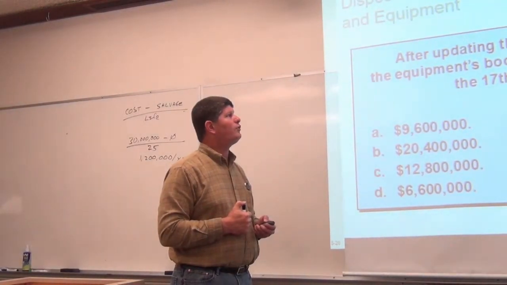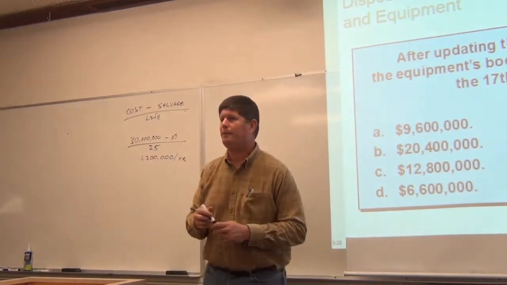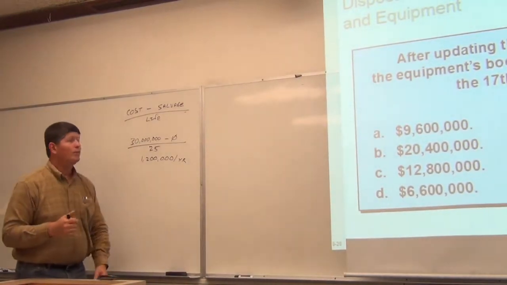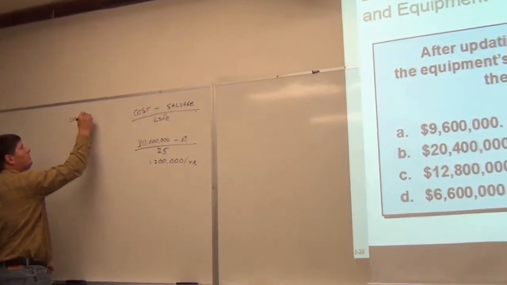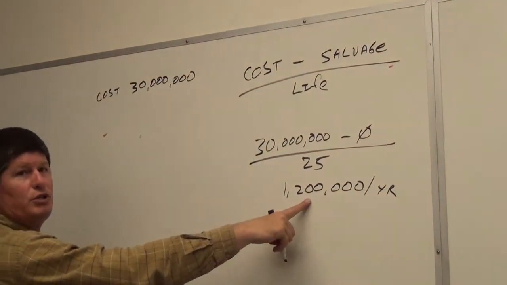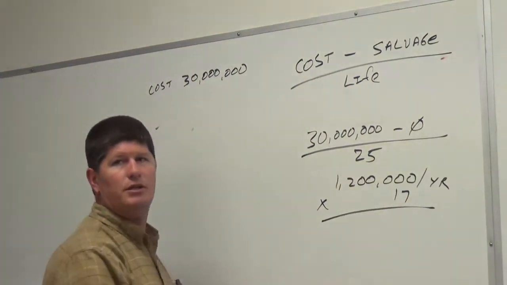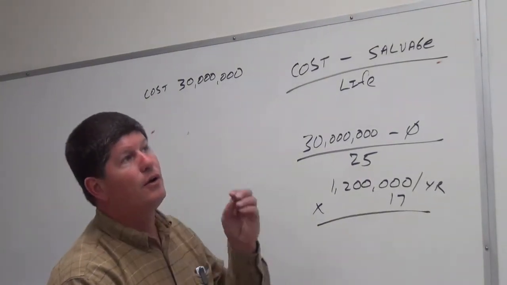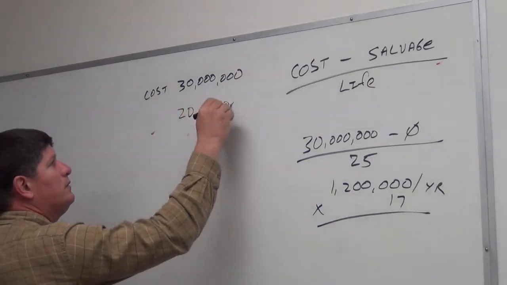After updating the depreciation, the equipment book value at the end of the 17th year is what? How do we calculate that? Now, hang on. Remember, our cost is $30 million. Our accumulated depreciation is $1.2 million every year times 17 years, which is $20,400,000.